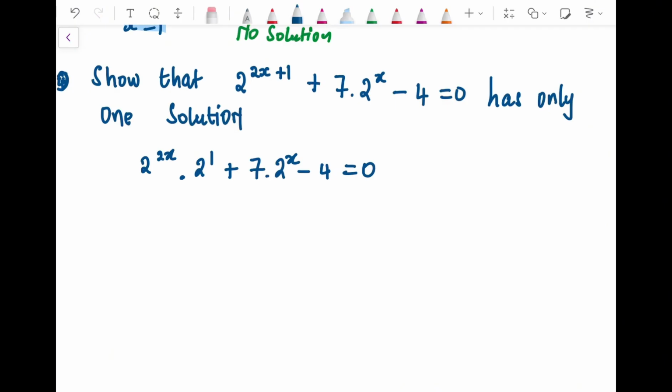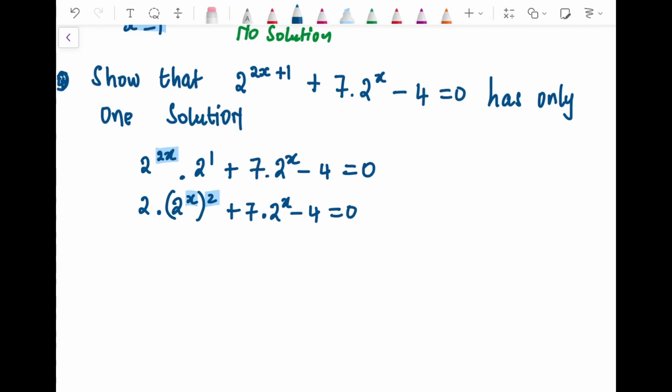And then from here I can rewrite this as, 2 to the exponent 1 is the same as 2, so we have 2, and then 2 to the exponent x all squared, because 2 multiplied by x is the same as 2x, and then plus 7 multiplied by 2 to the exponent x minus 4. This is equal to 0.